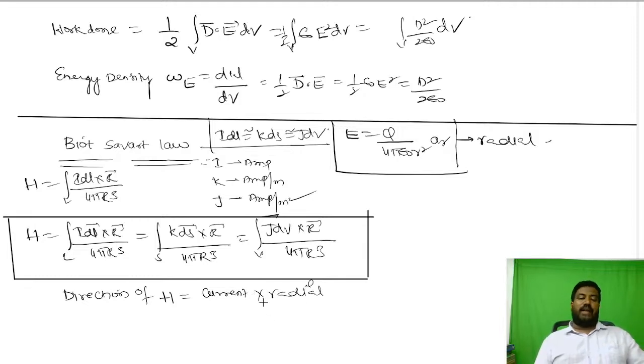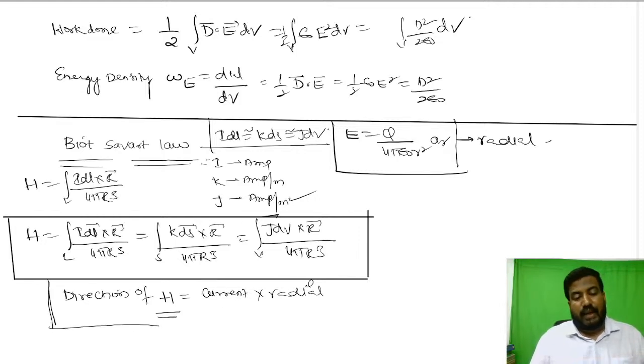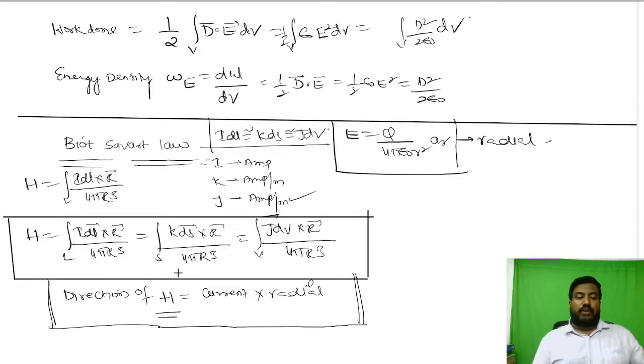But the resultant of any cross product is perpendicular to both the elements involved in the cross product. That means the direction of magnetic field will be perpendicular to both current and radial direction. Electric field is always radial, whereas magnetic field direction is perpendicular to both current direction and radial direction. Is that clear?